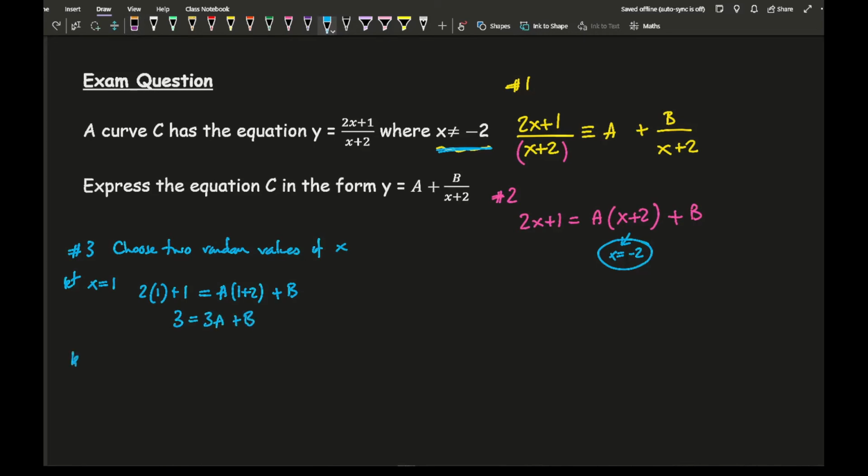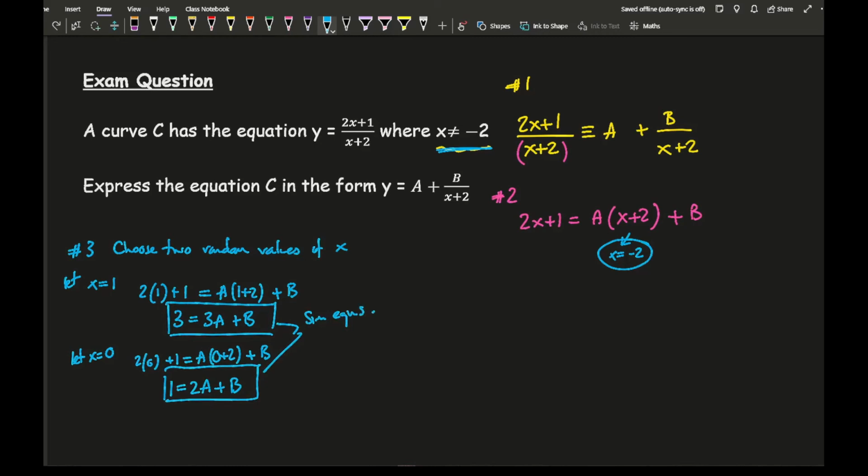And if I then let x equal 0, which is another easy value, I've got 2 times 0 plus 1 equals A lots of (0 + 2) plus B. I end up with 1 equals 2A + B. Now from this I've got simultaneous equations: 3A + B equals 3, and 2A + B equals 1.